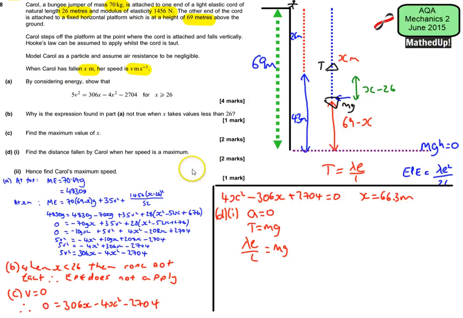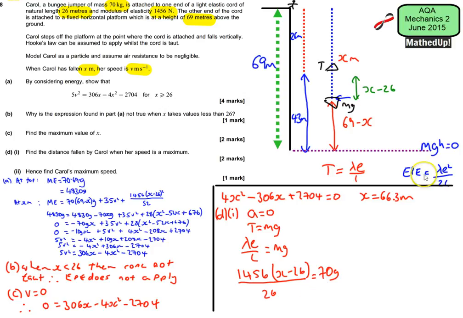We know lambda is 1456, and we know that e is given by x take away 26, over L, which is 26, and that's equal to the mass times gravity, which is 70g.